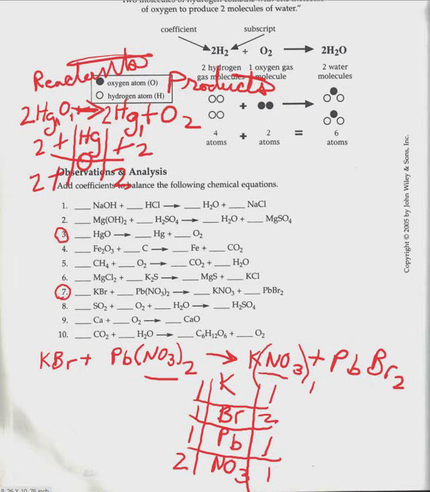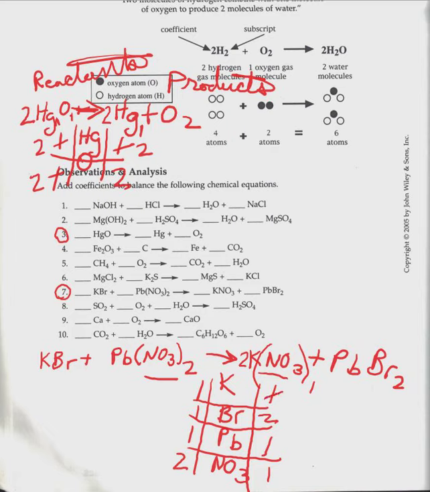Now, you want to leave the simple compounds, the simple elements, for last, and you want to basically try to balance the most complex. What looks like the most complex to me would be the NO3s. So I'm going to try to balance those. So I'm going to put 2 in front of the KNO3.